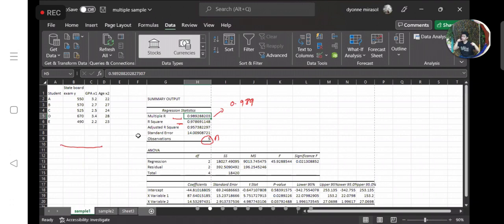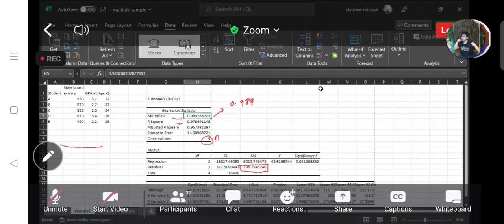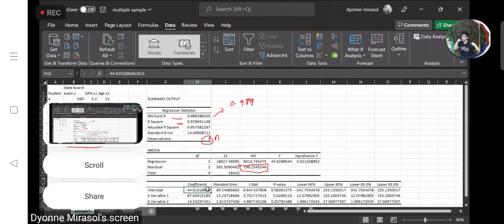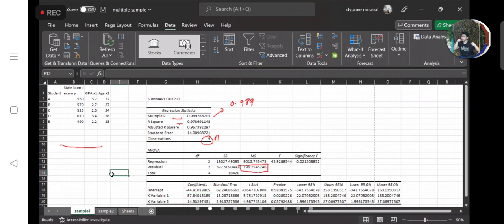Here we also have the estimator of variance. In this table, we can see our regression coefficients. Direct your attention here, these are the coefficients. So, from the intercept we can get the regression model: y hat is equal to negative 44.81 plus 87.64 x1 plus 14.53 x2.